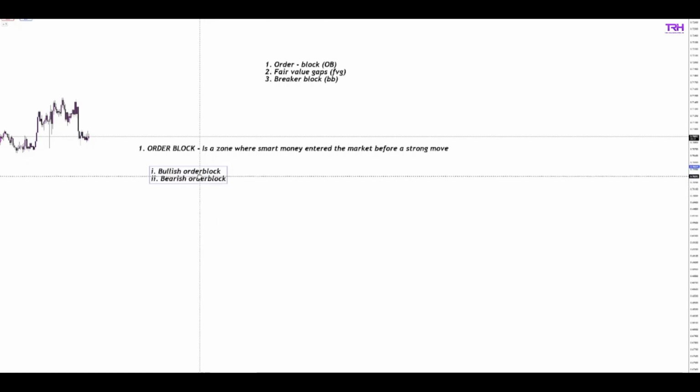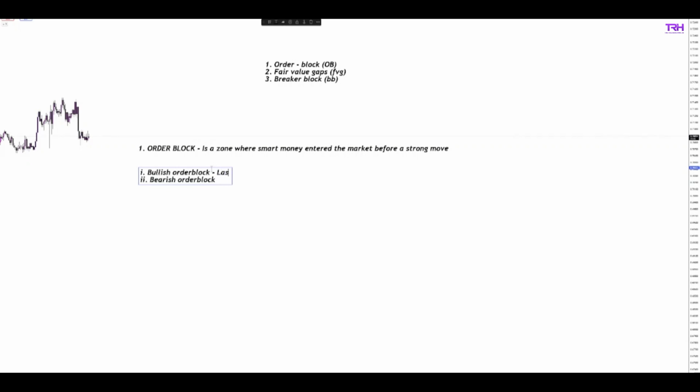So what is a bullish order block? Basically, a bullish order block is just the last candle before a strong upward move.